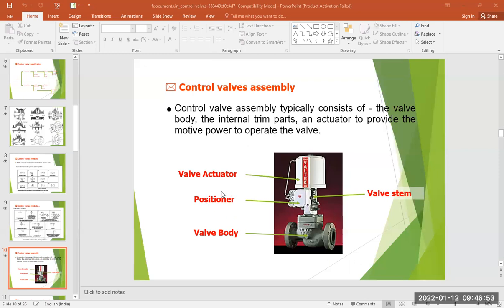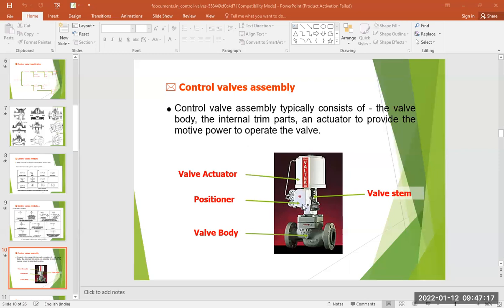Here you can see this device, it is called the positioner system, sometimes also called a valve positioner. The positioner is used for pneumatically operated valves that depend on a positioner to take an input signal from a process controller and convert it into valve travel.